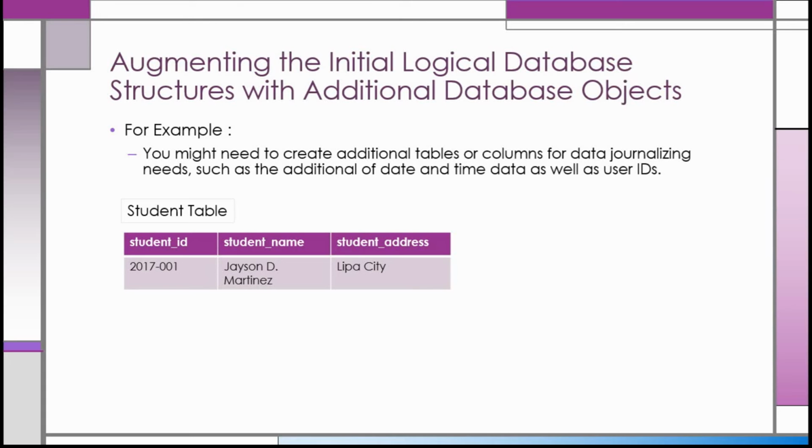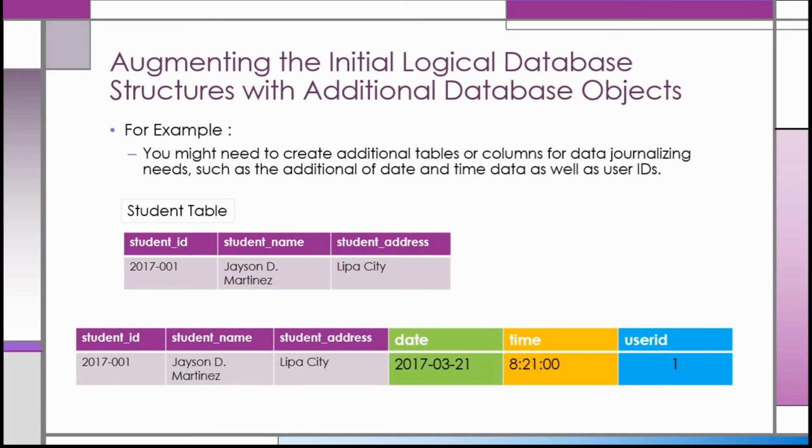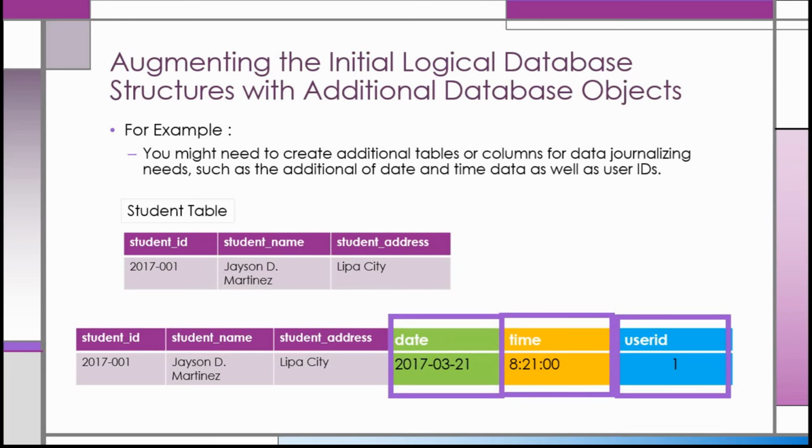We could consider adding the following: the date, the time, and the user ID. So the date corresponds to the date when the user processed the data, and also the time when the user processed the data. And the user ID designates that the user that processed the data is user ID number one.